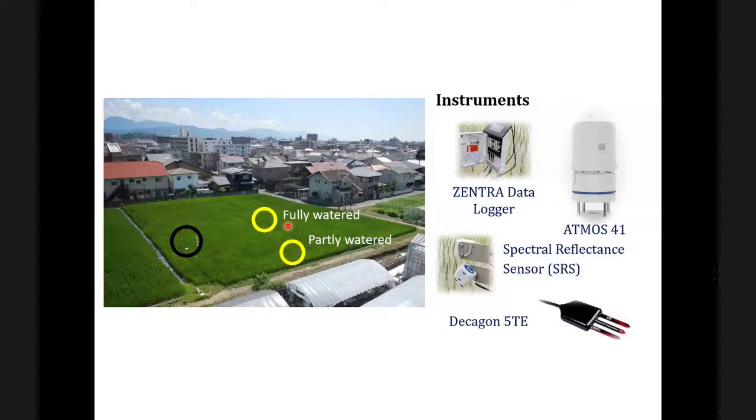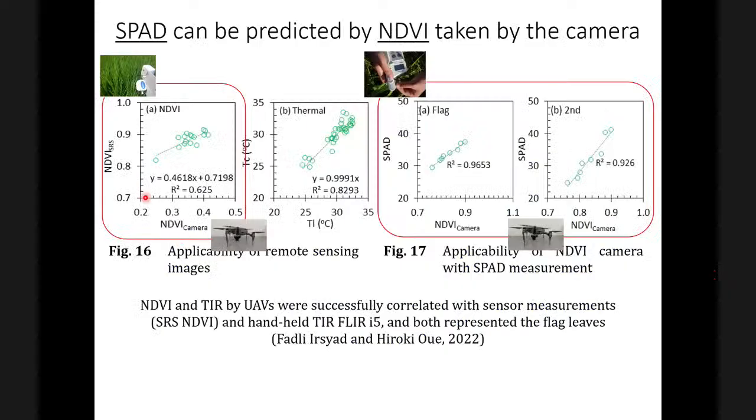In our rice paddy field, we measured NDVI and SPAD at two points. The first point is a fully watered place, and the second point is a partly watered place. So we may say that the first place is a fully wet condition, and the second place is a partly dry condition. Let me show the result.